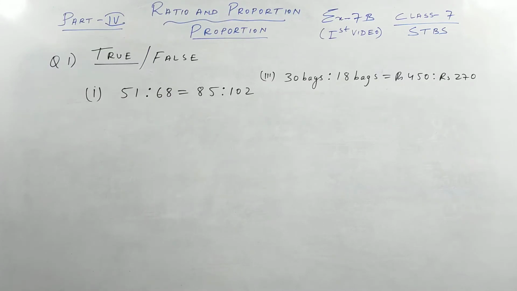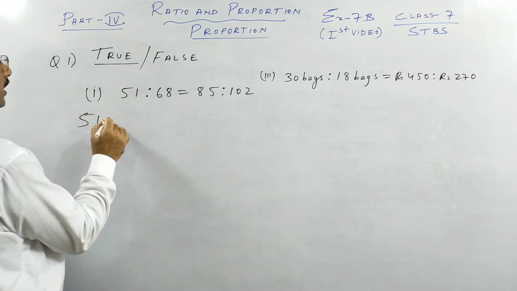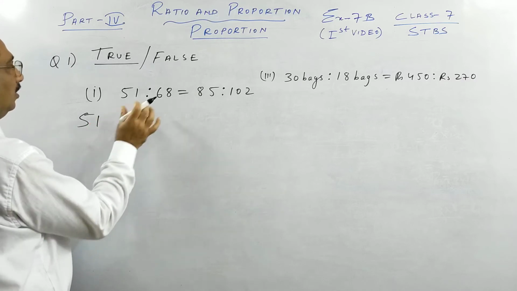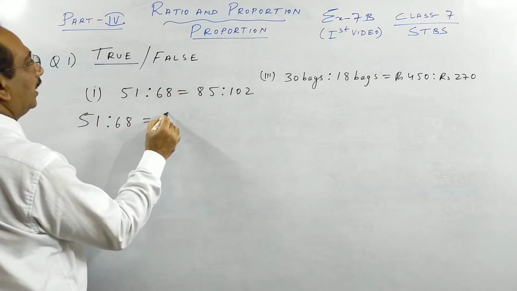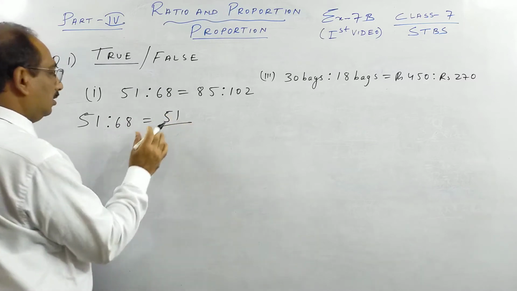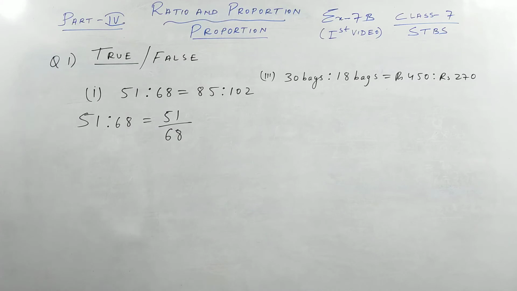So here we go to question number 1. See, I take the left hand side, whether it is true or not, whether these two are equal or not. So children, I write this as a fraction because ratio also means divide.